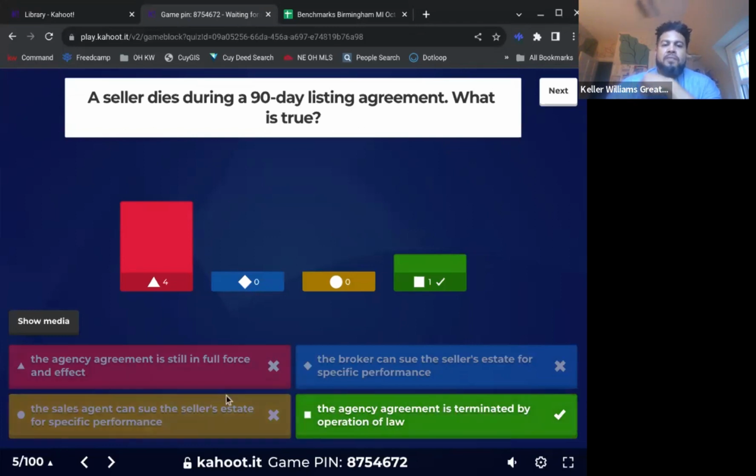So it's not in full force because the agreement is between the seller and the broker. Remember, the salesperson isn't part of the agreement. If the seller or the broker dies, or the broker goes bankrupt, or those kinds of things, that makes the agreement terminated. So the agency agreement is not in full force. It is terminated by operation of law because it then goes into probate.